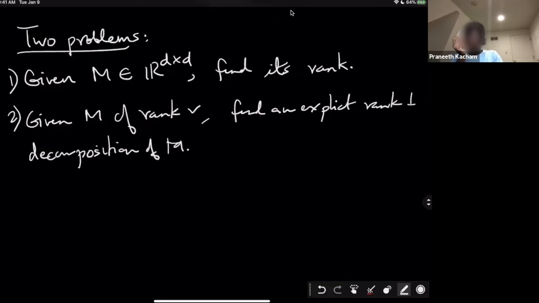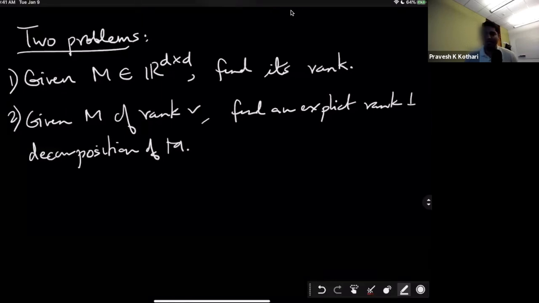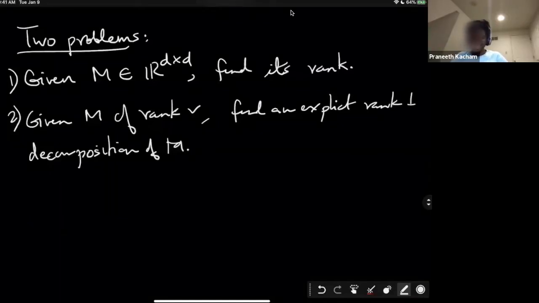Good. You can spot an algorithms person from a complexity person by seeing how they describe time complexity. I would have accepted the following answer for this question: polynomial in d. But as Praneeth has described, the time complexity of these two problems is d cubed.